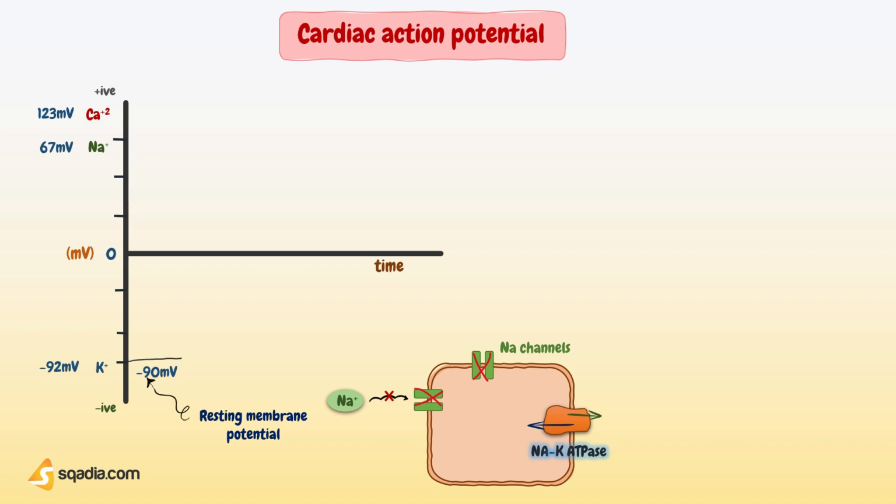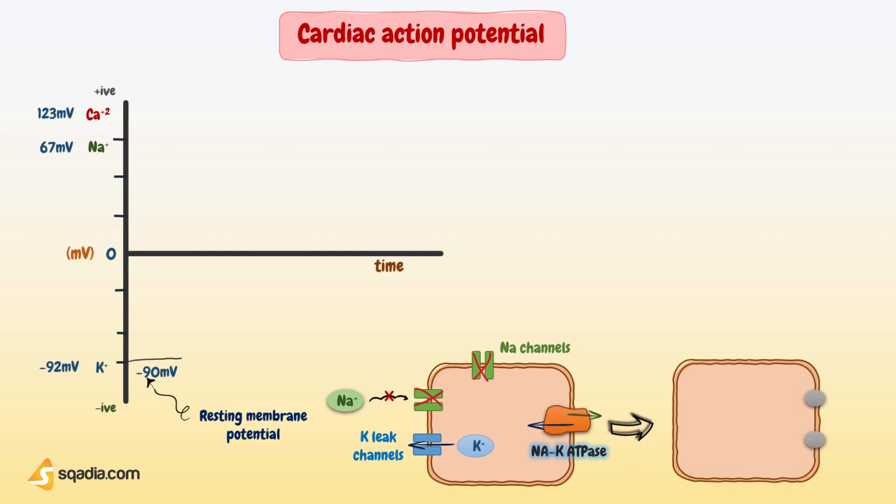But as we explained before, to balance its concentration gradient, potassium gets leaked out of the cell through potassium leak channels across the membrane. And thus, it makes the inside of the cell more electronegative. Consequently, to overcome the negative potential inside the cell, some sodium and calcium ions start to move inside the cell through the gap junctions.